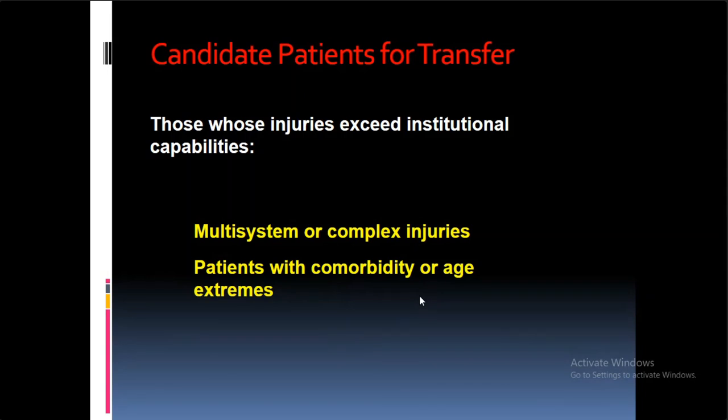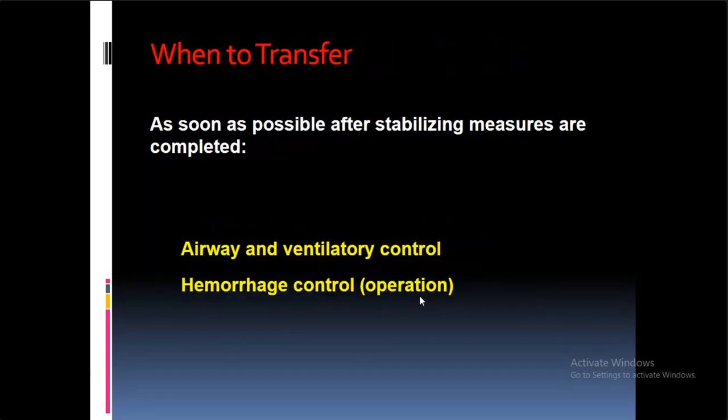But I should make it when I feel that I'm doing the right thing and referring the correct patient, and I'm not exposing the patient to failure, hazard or death on site. Multidisciplinary or complex injuries, I can send them. Patients with comorbidities or age extremes, I can send them. And any patient or any number of patients that exceed the capability of the hospital.